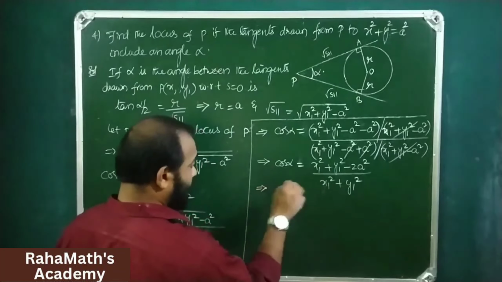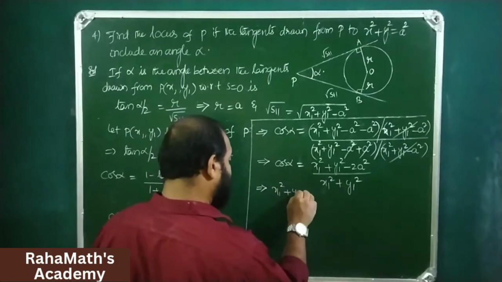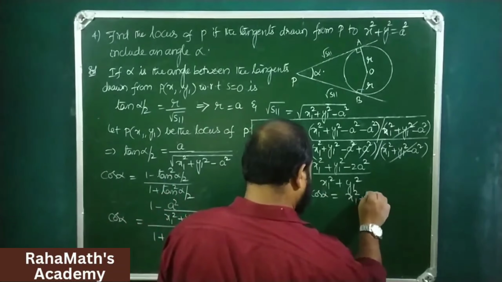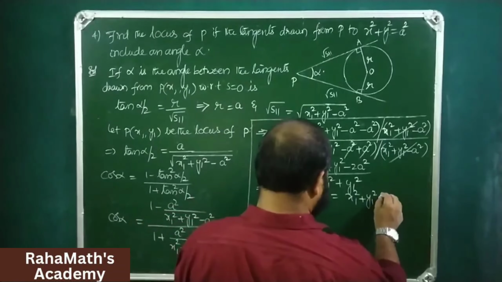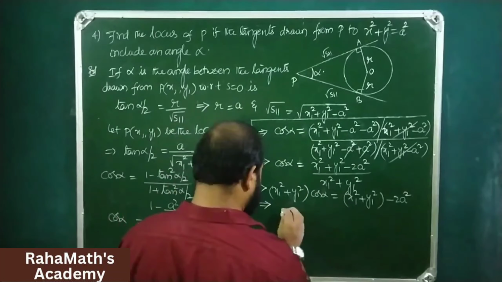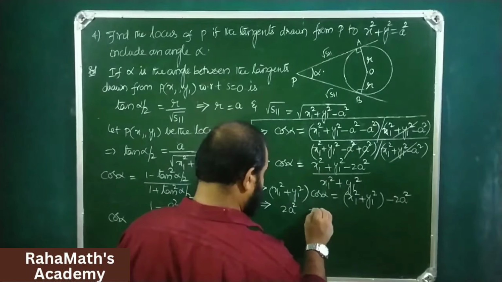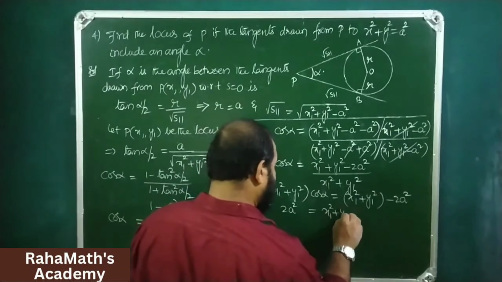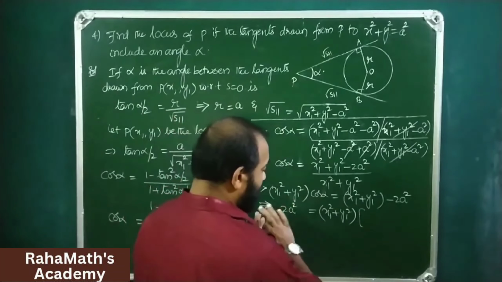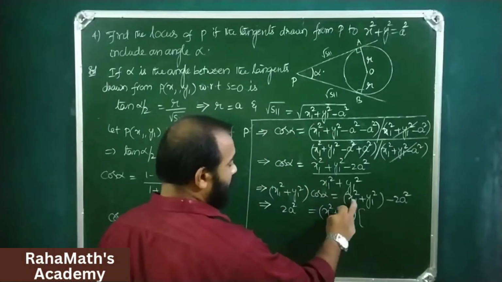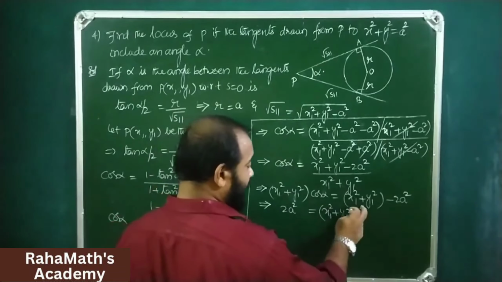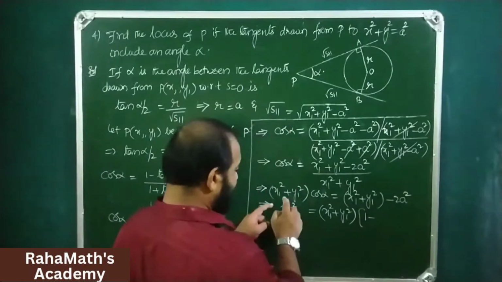Cross multiplying, (x1 square plus y1 square) into cos alpha is equal to x1 square plus y1 square minus 2a square. So if you bring the 2a square here and the (x1 square plus y1 square) cos alpha to that side, we get 2a square equals (x1 square plus y1 square) minus (x1 square plus y1 square) cos alpha. Taking the common factor, we get 1 minus cos alpha. So this is equal to (x1 square plus y1 square) into (1 minus cos alpha).